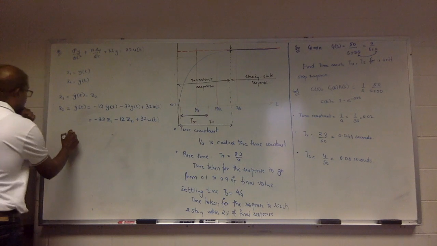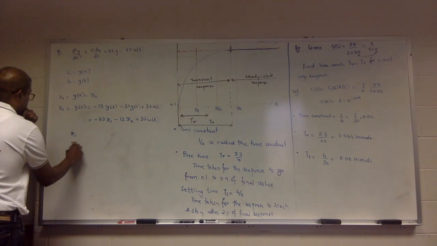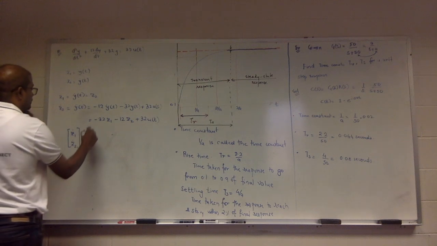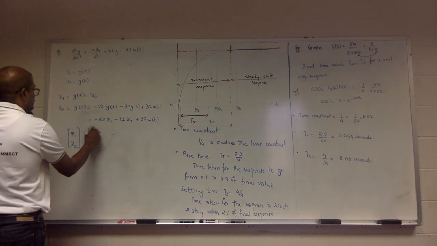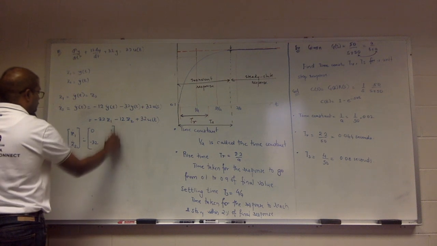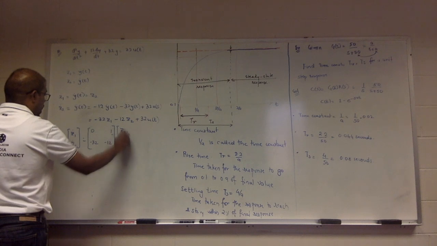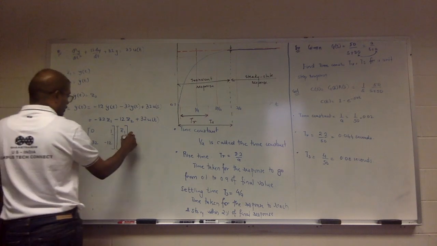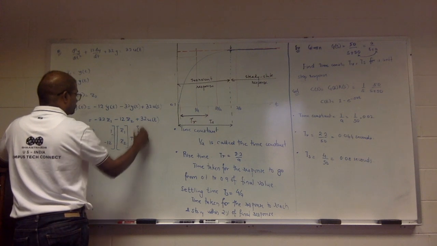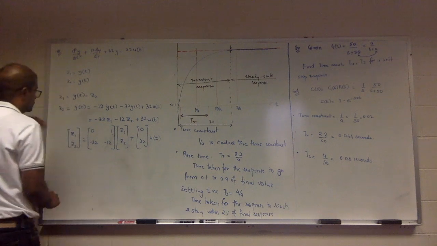Alright, so you can write this as z1 dot, z2 dot equals the matrix 0 1, minus 32 minus 12, times z1 z2, plus 0 32 times u of t.